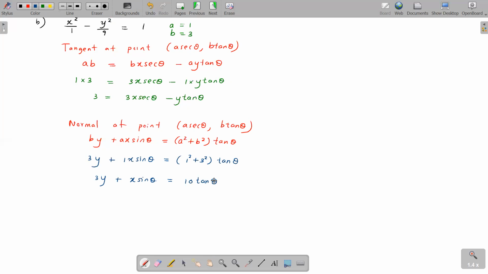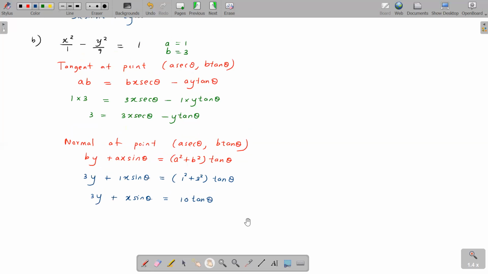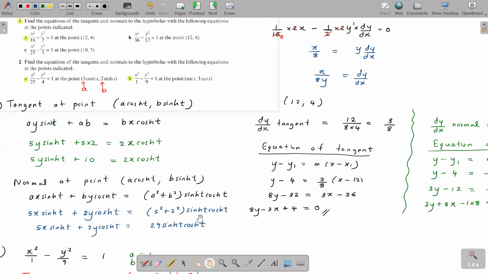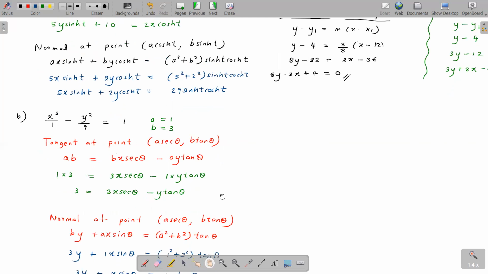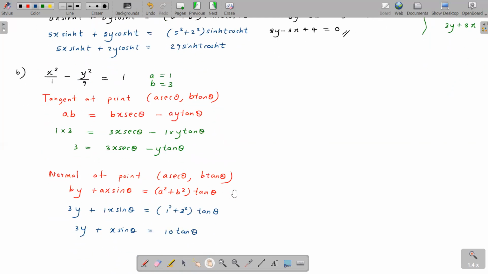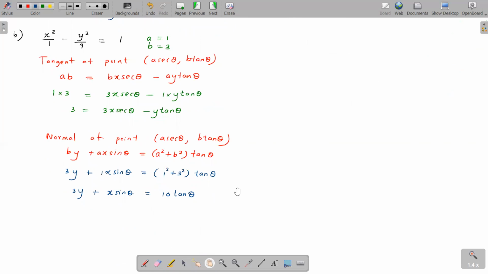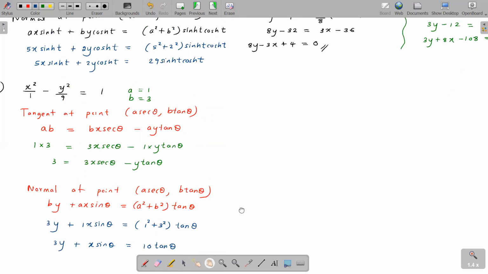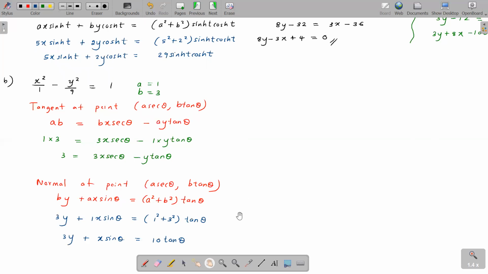Okay, so is that correct? This is with t. It's with theta. Wait, what have I done wrong here? 3y. Okay, this is second question, part B. It's not theta. Or it's sec t. Right.